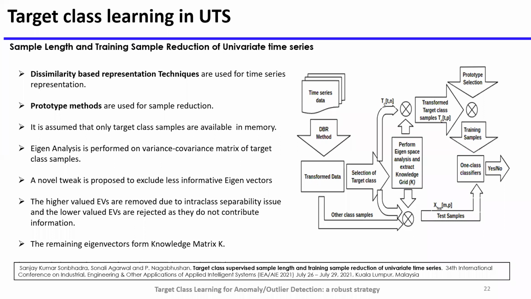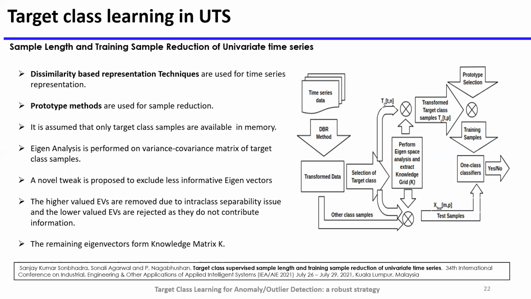So here we have used 11 prototype selection methods that have already been discussed for multi-class classification, but it has been answered that these approaches are useful for target class learning also. And it has been assumed that only the target class samples are available in memory.